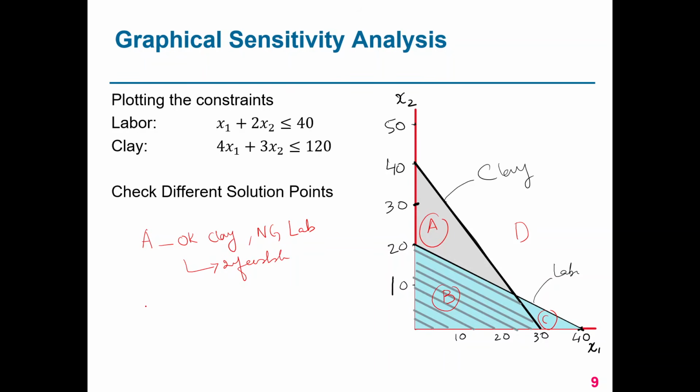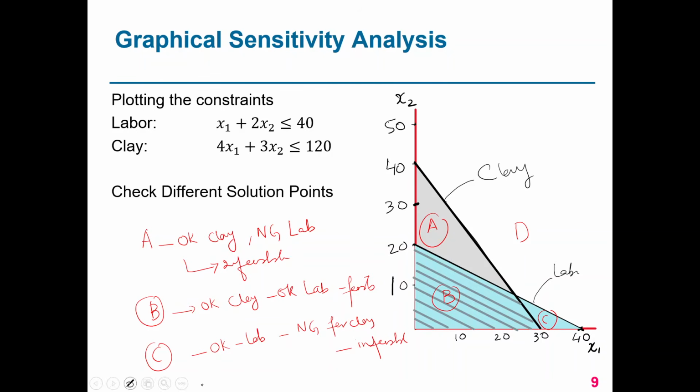And similarly the point B, it is okay for clay as well as it is okay for labor, so it's a feasible point. Point C, you can see that it is okay for labor but it is NG for clay, so it is an infeasible solution point.